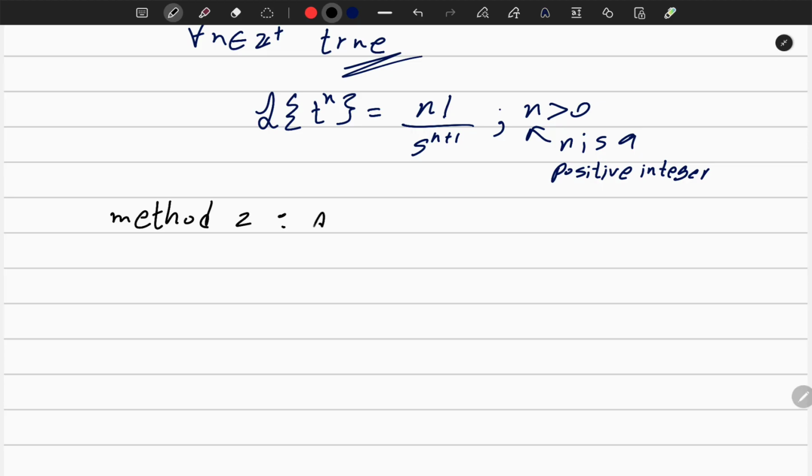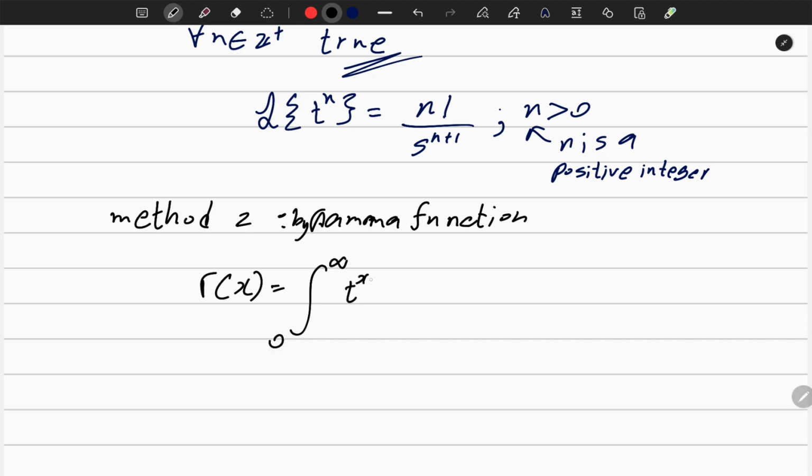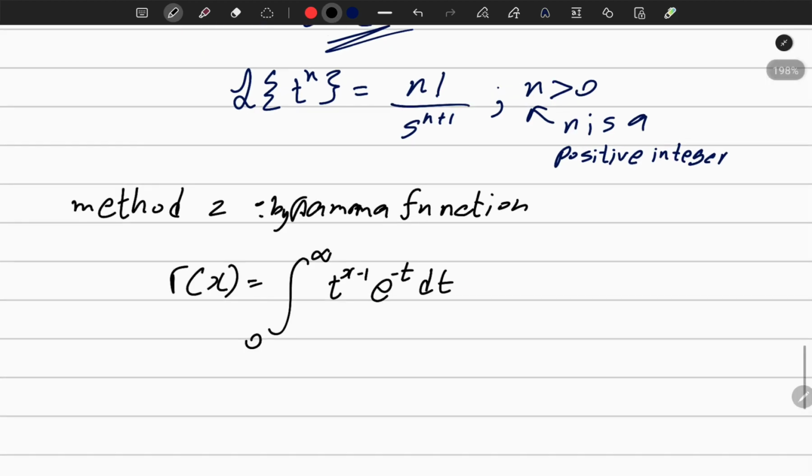By the gamma function, right? What is the gamma function? It is an integral like this: gamma of x is the integral from 0 to infinity of t to the x minus 1 times e to the minus t dt, right?